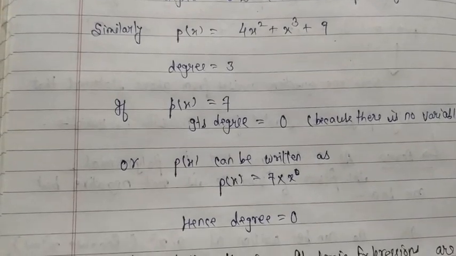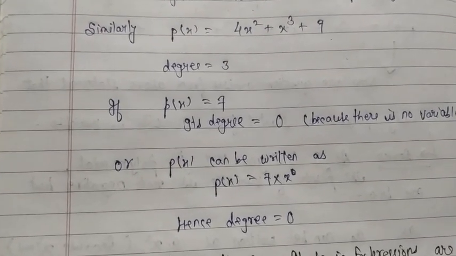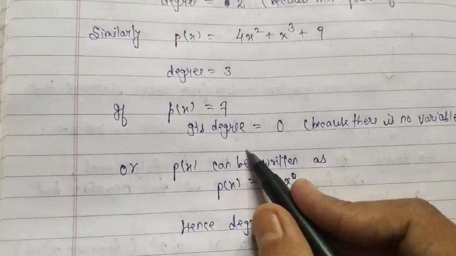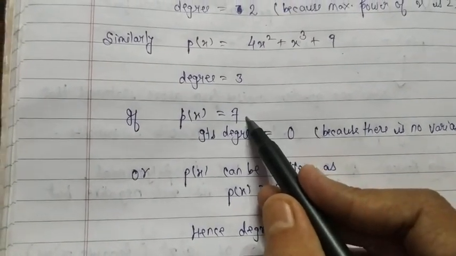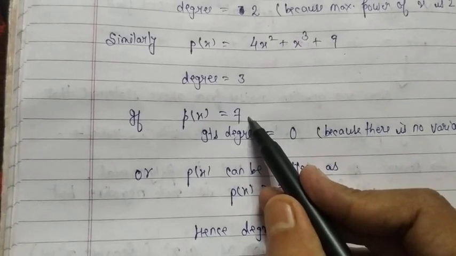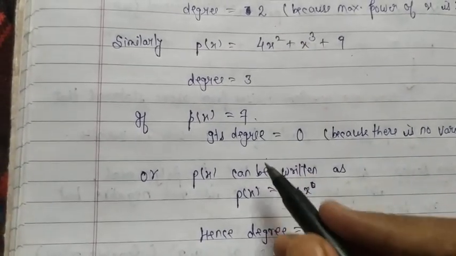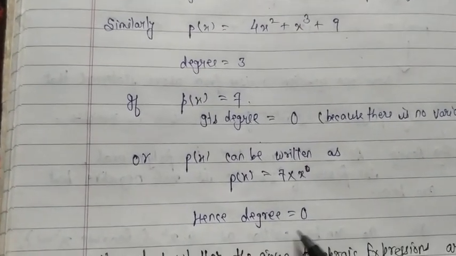So here the degree of the polynomial will be equal to 0. From that scenario we can see that a constant polynomial means there is no variable, and the degree of a constant polynomial is always 0.